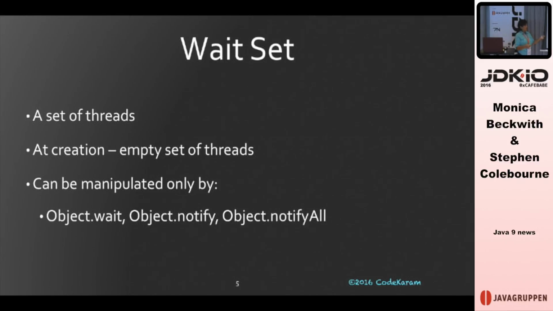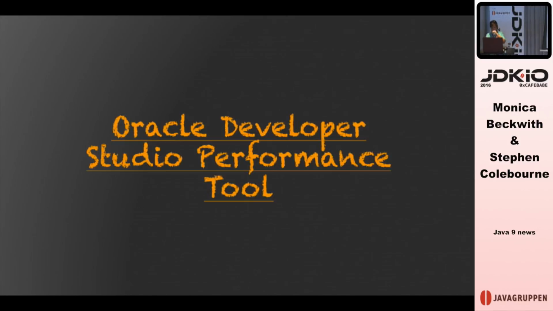If you call notify, you pick a thread at random. And notify all means all those that were waiting will get the notification. You can always read about this, and I have two very good links, including the JVM language specification link, where you can read more. I'm not going to be touching that, but it's very important to keep in mind.